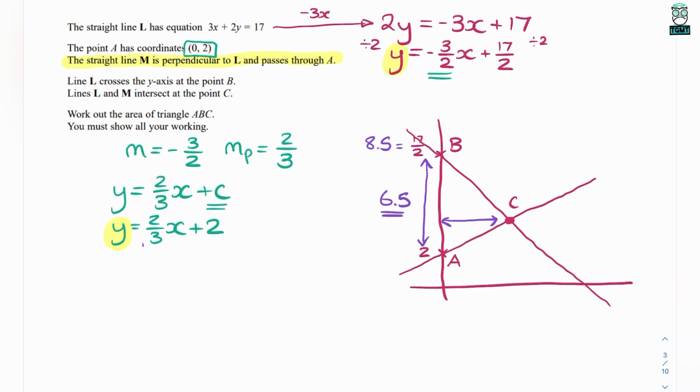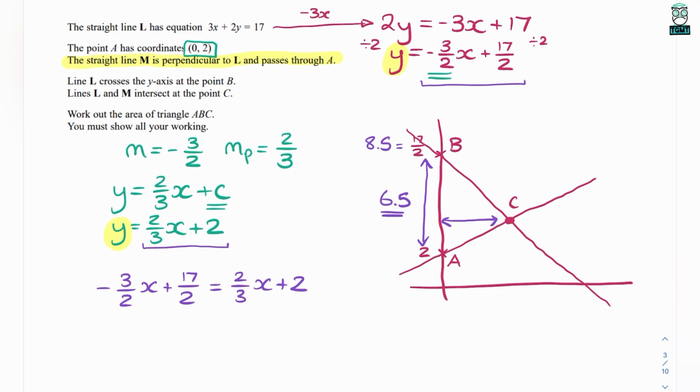So if I take this part of the equation and this part of the equation, and set those equal to each other in either order, I'll put that first equation first, so negative 3/2 x plus 17/2, and that is going to have to equal 2/3 x plus 2. And there we go. So we need to actually go about solving this.